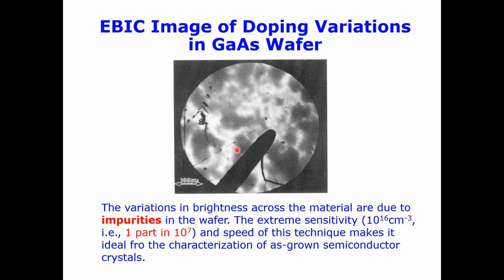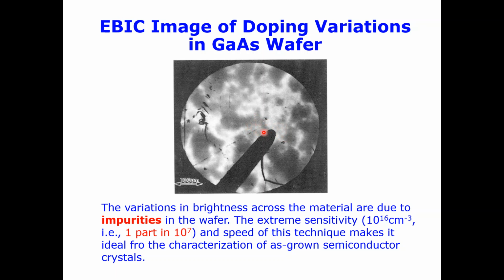Here you can see the variation in brightness across the material, and it is because of impurities in the wafer. We have dark and bright locations on the wafer. It is a complete wafer, and we can clearly analyze it. The bright and dark areas are basically due to the impurities in the wafer.